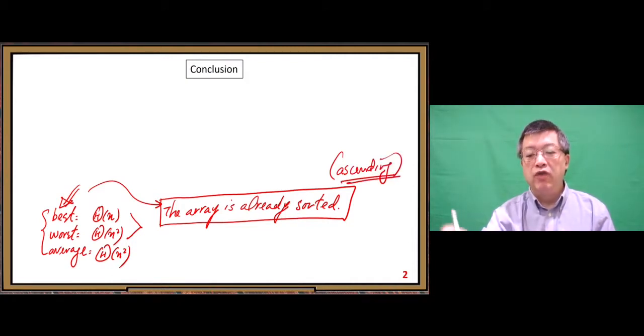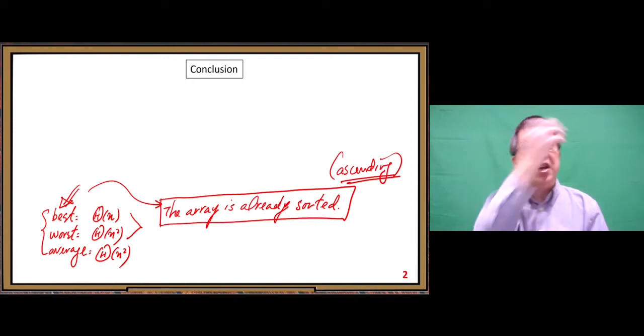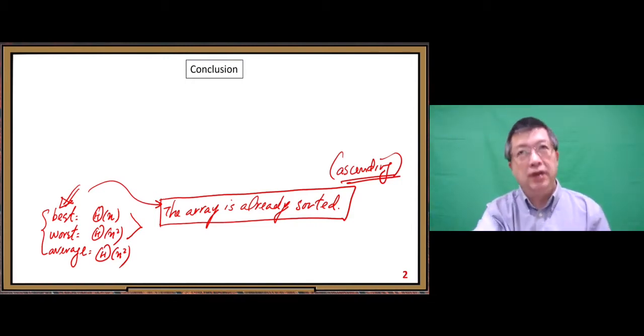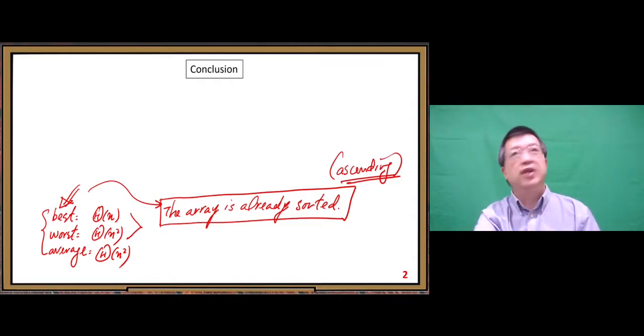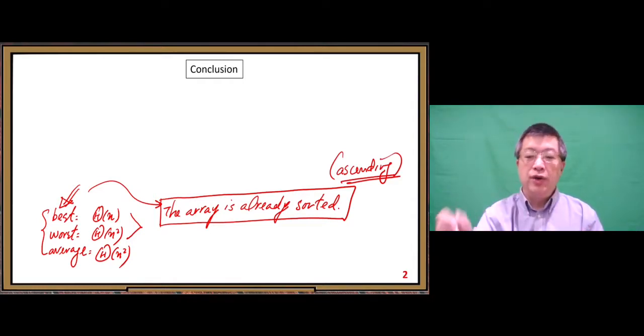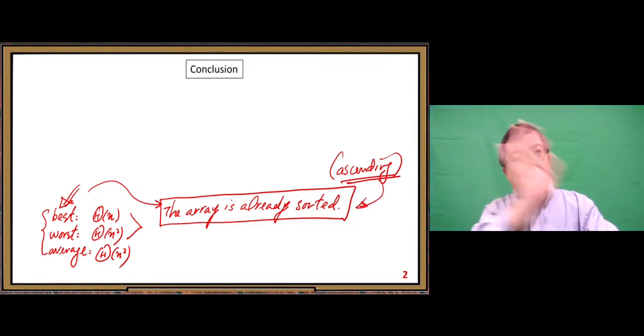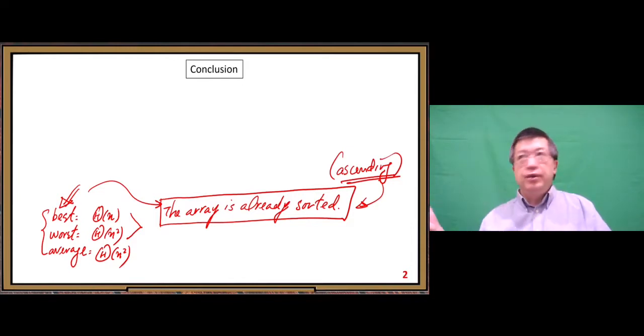If we do not say ascending or descending, we mean ascending. If it's descending order, we have to say so. When we say sorted, it must be ascending order.